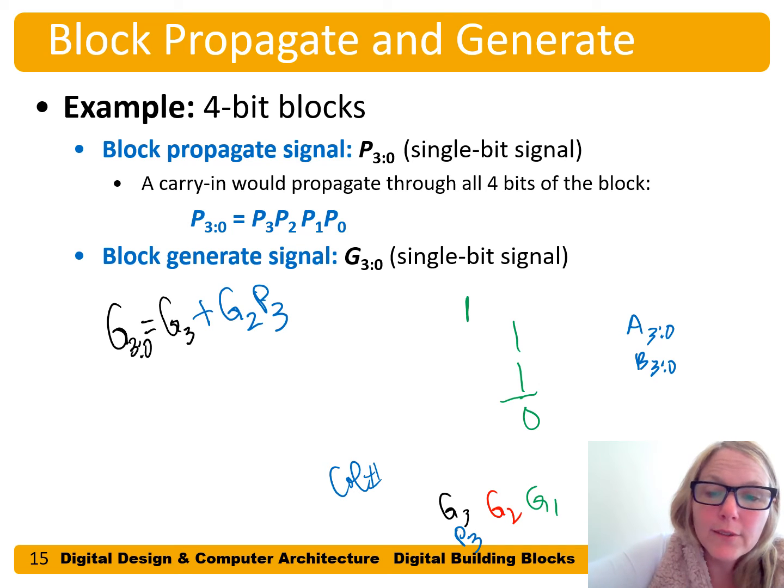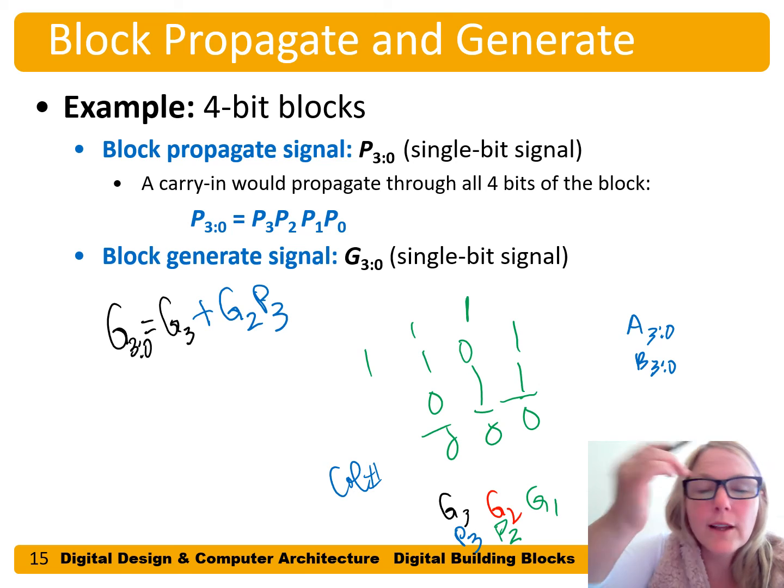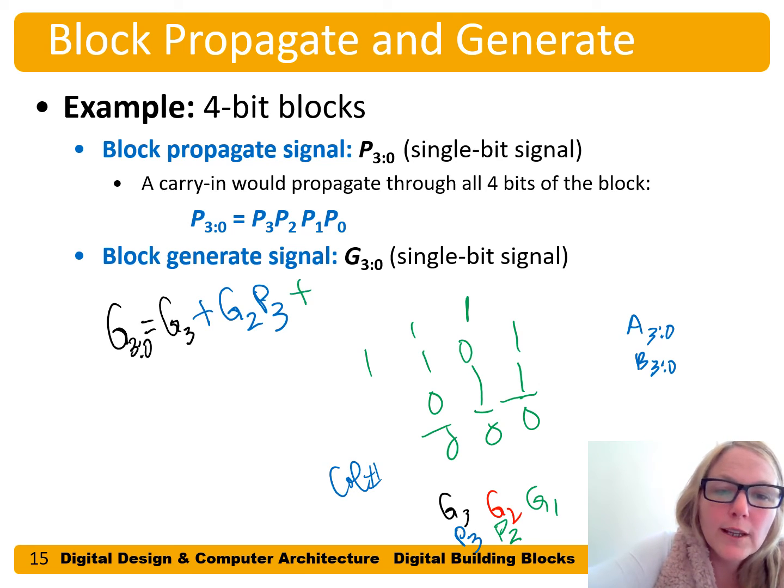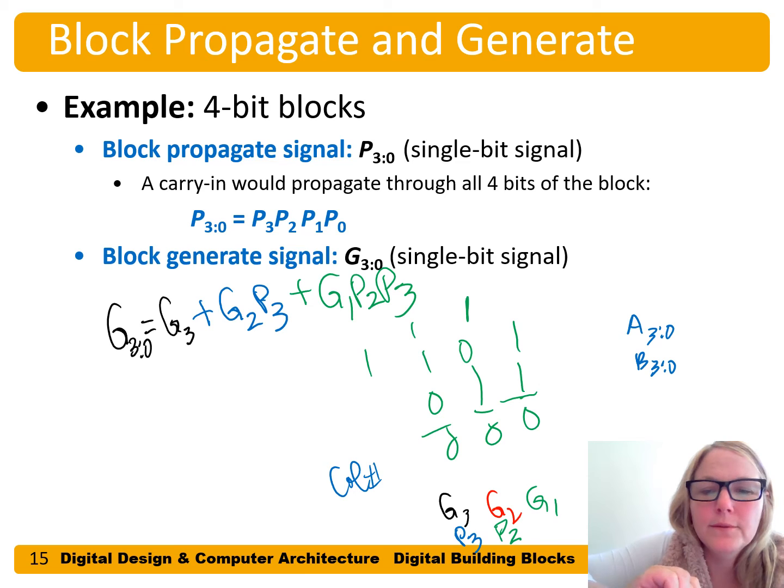Well, those would then have to propagate P2 and then through P3. Right, then we propagate that out to the output. Okay, so that's another case. So generate in column 1 and propagate through column 2 and column 3.